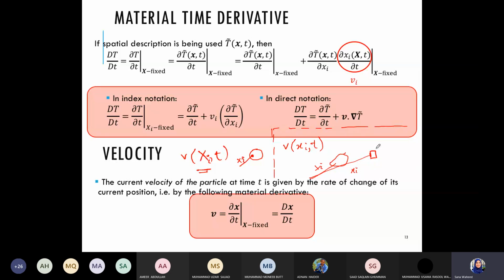What that means is that at time t equals 3, I get the velocity of the particle that was passing through that point at that moment. Then, let's say I look at time t equals 5, at t equals 5 some other particle was passing through it, and I will find out its velocity. But I'm just looking at the same point in space and looking at the different particles as they go through this point, and noting down their velocities.